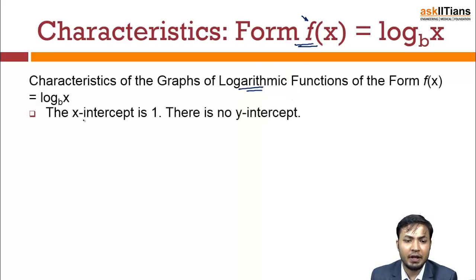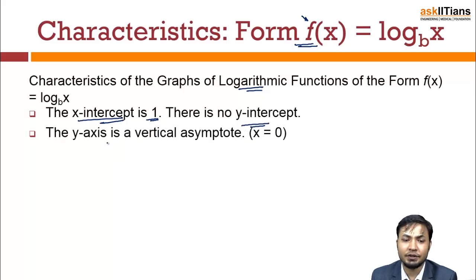First of all, the x-intercept is always 1, and there is no y-intercept. Next, the y-axis is a vertical asymptote, that is, x will be equal to 0.